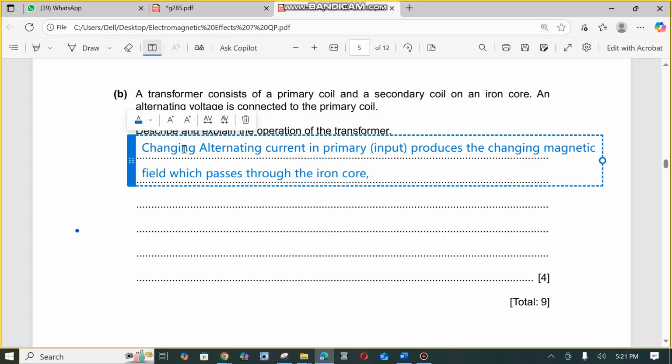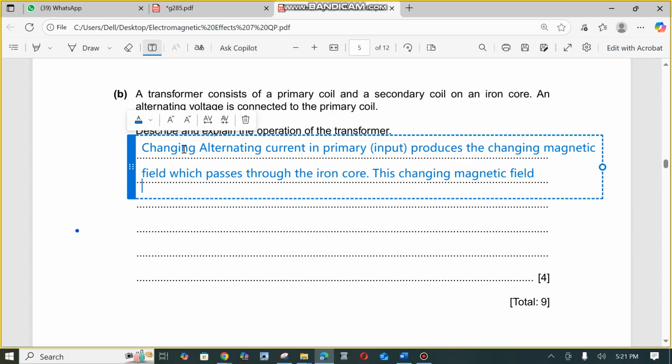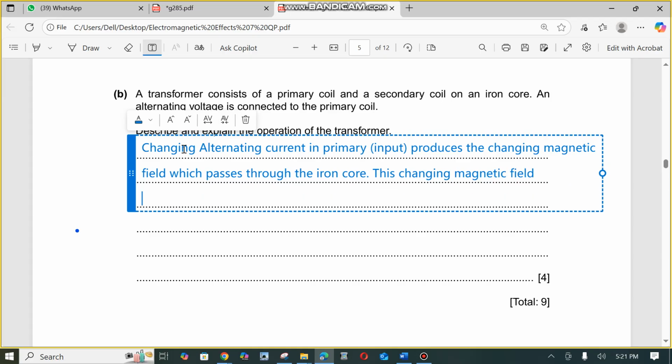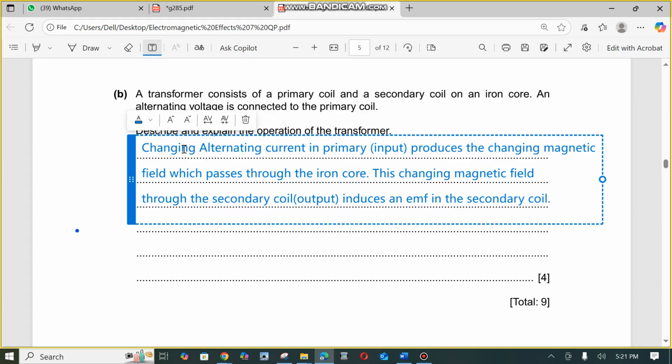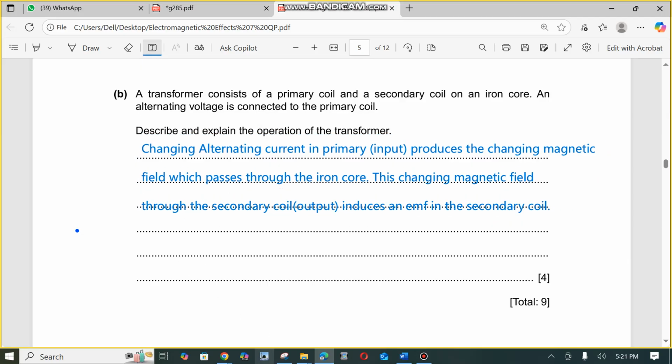This changing magnetic field through the secondary coil, which is basically the output, induces an EMF in the secondary coil. This is how a transformer basically works.